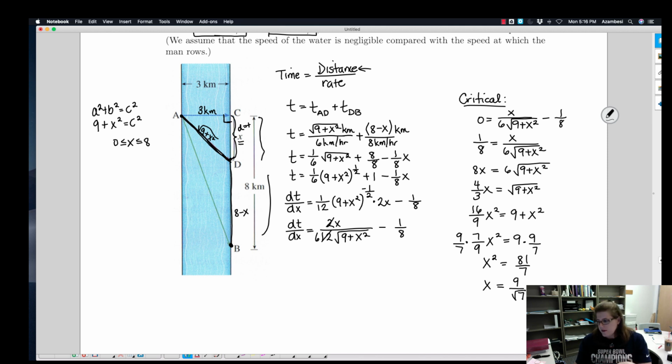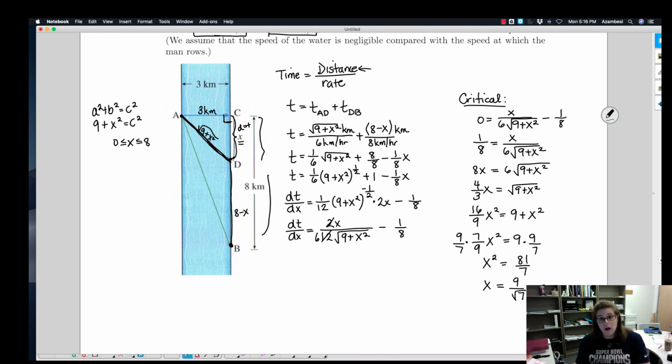So it'd have to be positive. If we want to make sure that it's somewhere between 0 and 8, 9 divided by the square root of 7 gives me 3.4 as far as our distance is concerned.